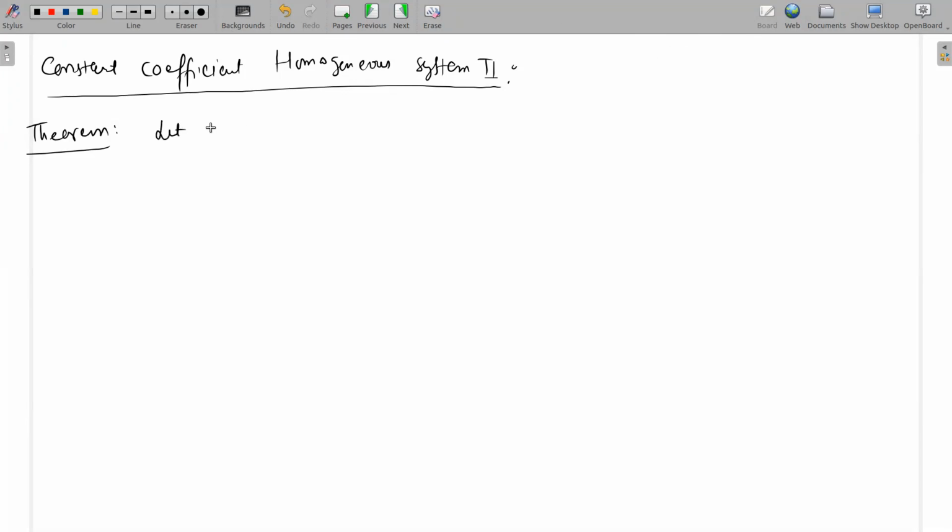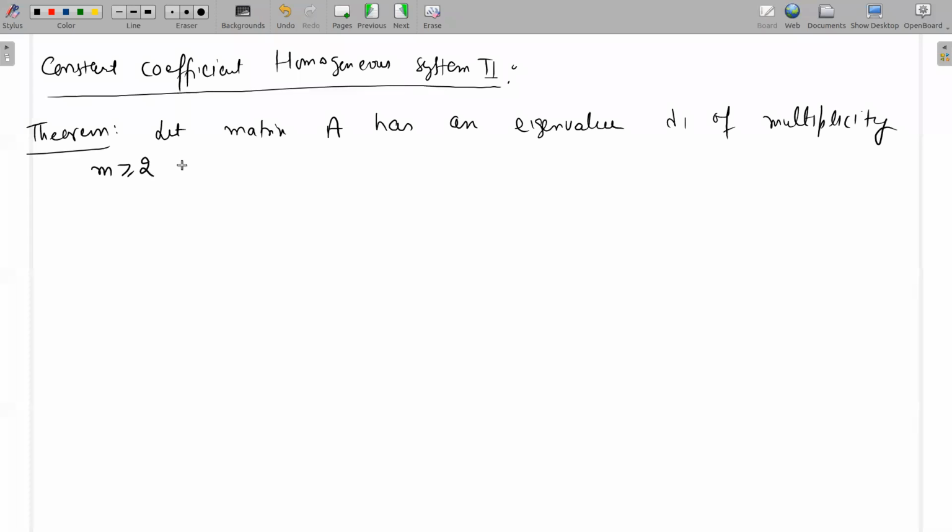Okay, so let matrix A have an eigenvalue lambda 1 of multiplicity 2 या 2 से ज्यादा, ठीक है, कितनी बार आ रहा है, and the associated eigenspace has dimension 1.